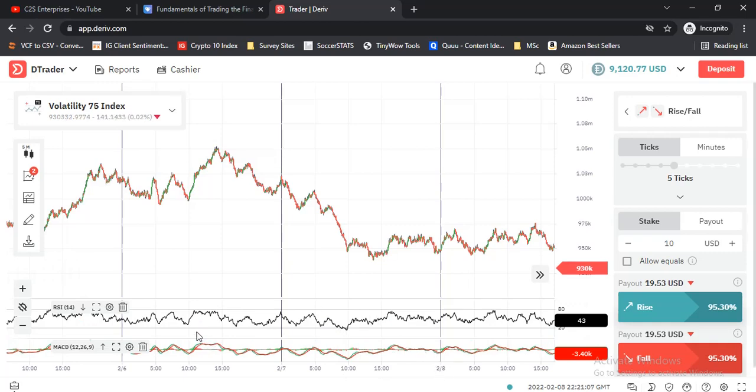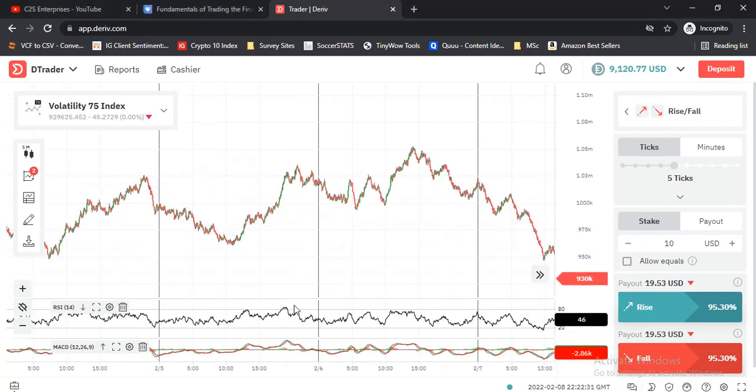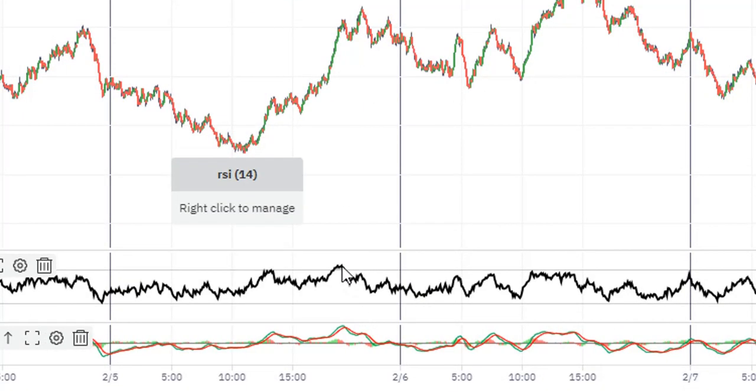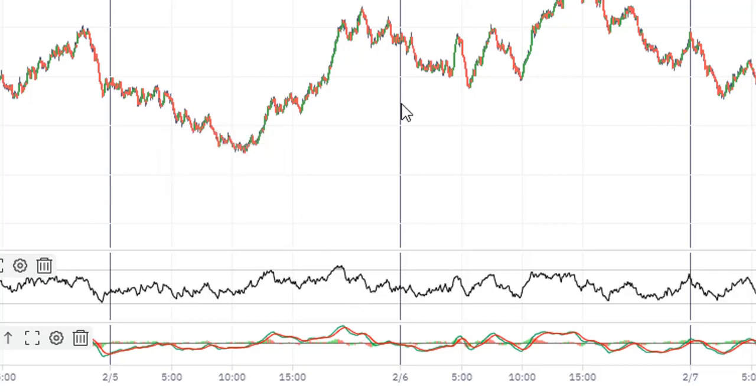In that case we have something like this. Let me look for somewhere in the chart where we'll have something like that happening. Here's a perfect example. When you have the RSI in the up zone, the overbought zone, trying to move down, that means a downtrend is about to start, and you are expected to look for put trades, that's sell trades.